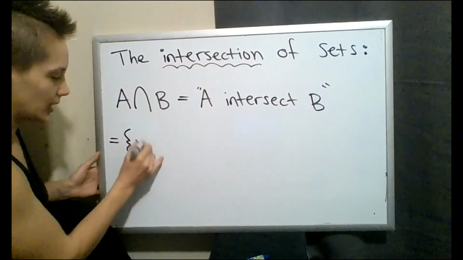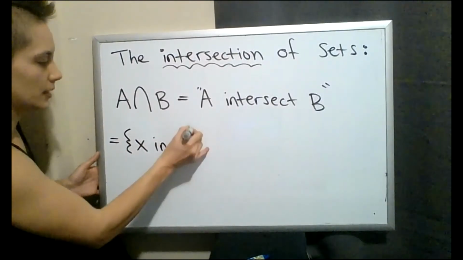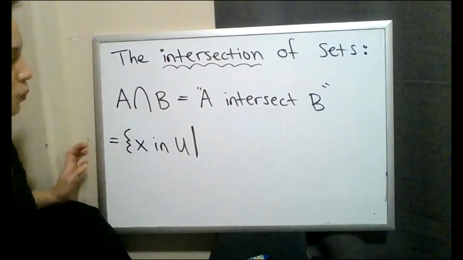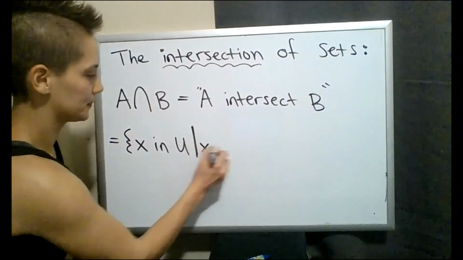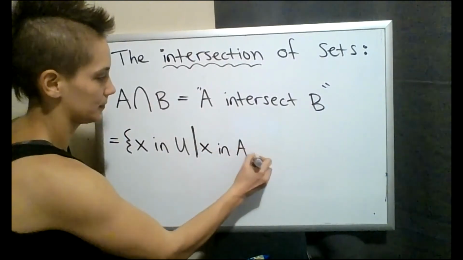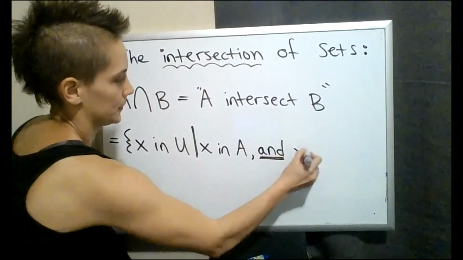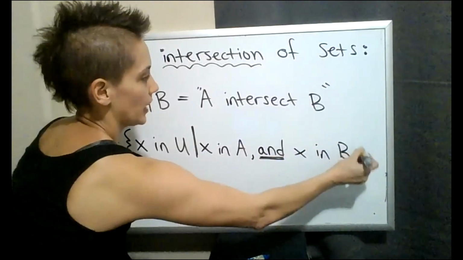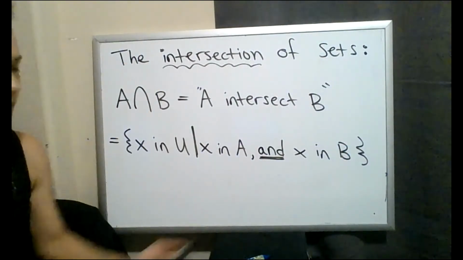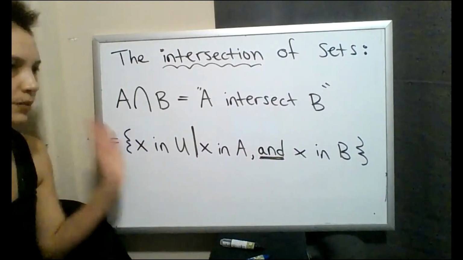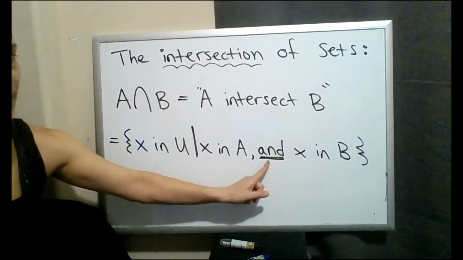Your elements are called any X value in the universe U, such that X is in A and X is in B. It has to be in both. Whereas for the union, the one we just did, it can be in one set or the other set or both, but this one has to be in both of the sets at the same time.